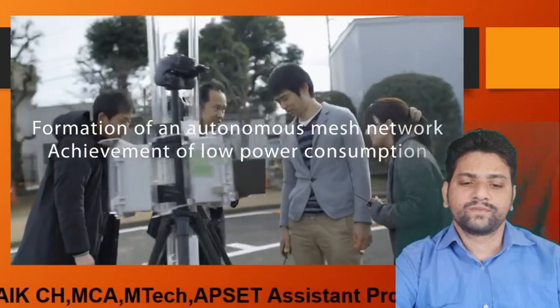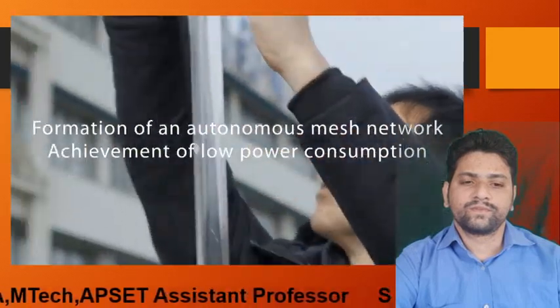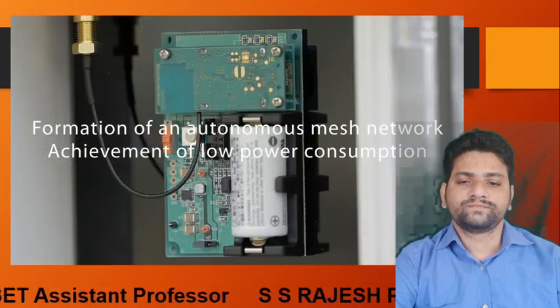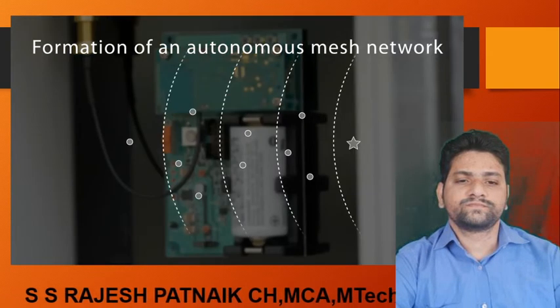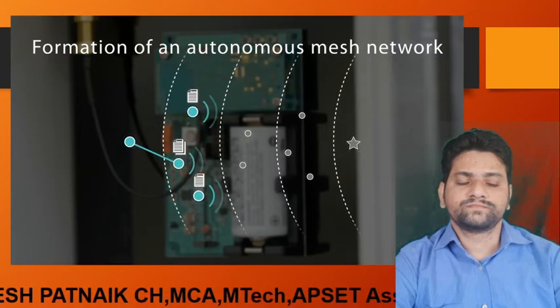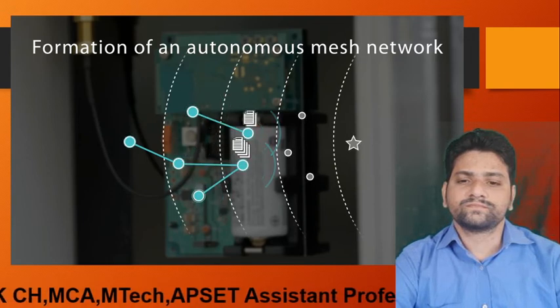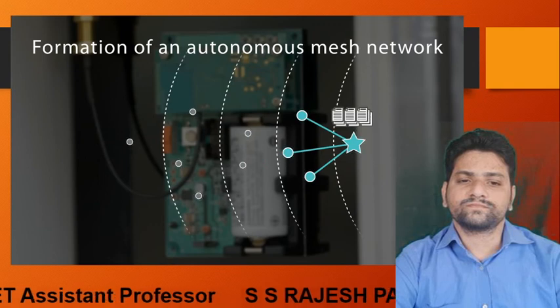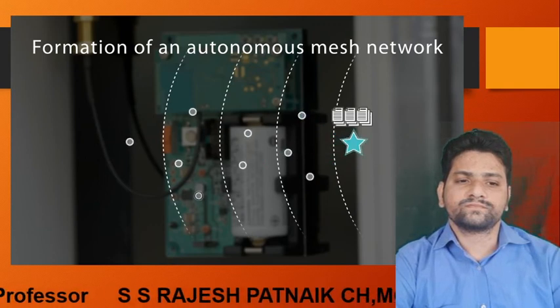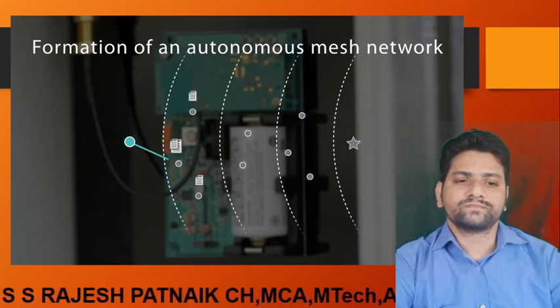The important factors in this technology are the formation of an autonomous mesh network and achievement of low power consumption. Without the use of special settings, each wireless sensor autonomously recognizes ambient conditions, adjusts the timing of communications, and forms a communication network with neighboring sensors.